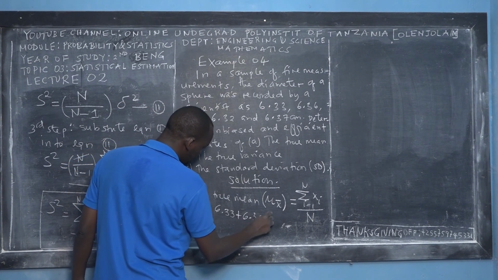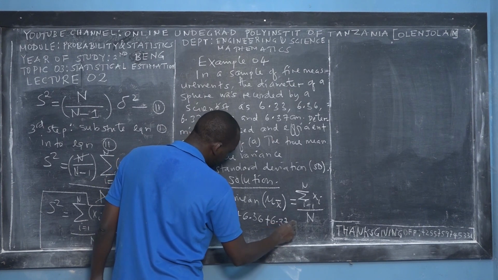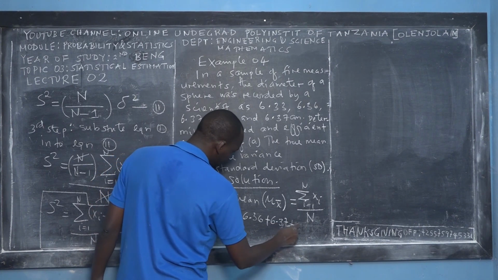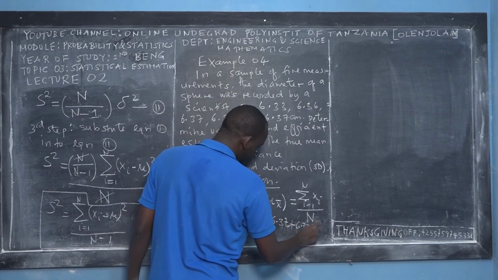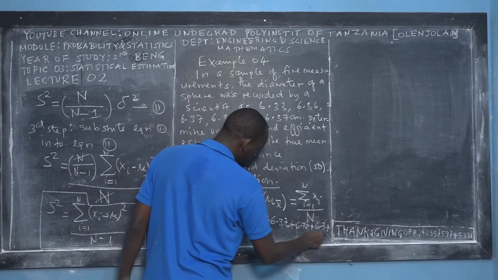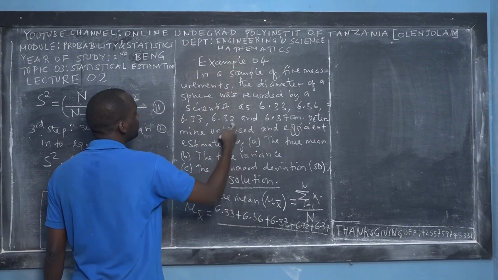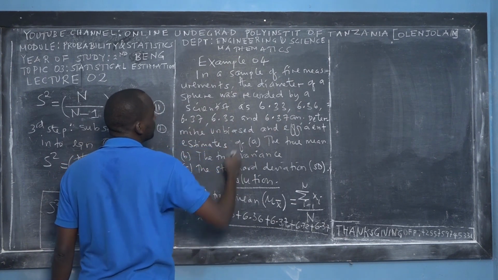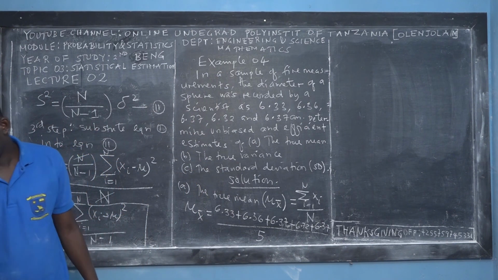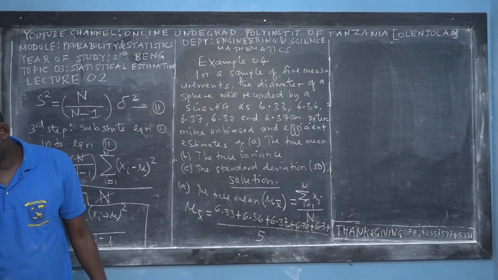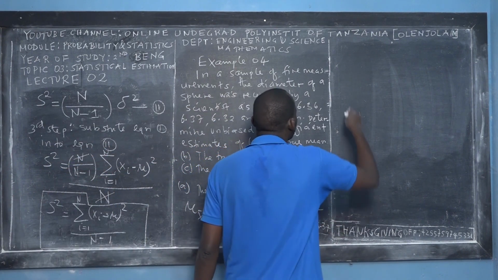6.36 plus 6.37, then plus 6.32, then plus 6.37, divided by, how many are there? 1, 2, 3, 4, 5. So 5. If you use your scientific calculator, the average will be 6.35.